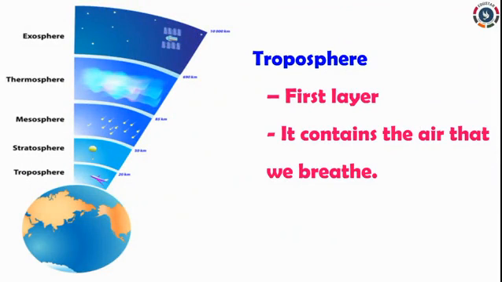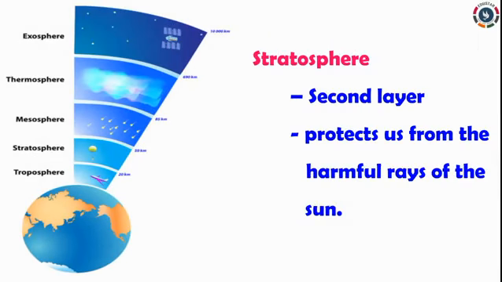What are the 5 layers of the atmosphere? Troposphere, first layer, contains the air that we breathe. Stratosphere, second layer, protects us from the harmful rays of the sun.